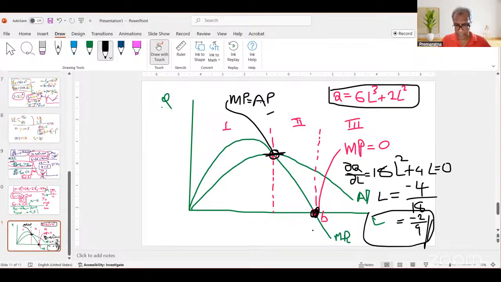If you find the maximum point of the average product, you can get the answer. Now, from here, you can get the average product divided by L, so then you can find those values easily.